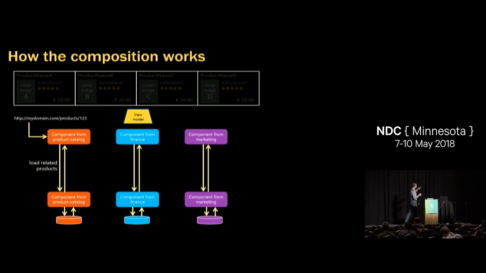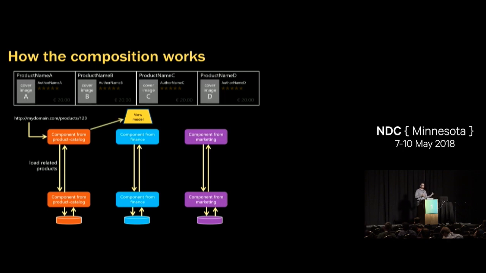Now that each one of those front-end microcontroller things has the data that it needs, they can start pushing that data into the view model. One of them is putting in the marketing information, the name of the product, the image of the product, etc. The other one is putting in the prices. The third one is putting in the ratings. Once the view model is full, we can render the screen, the view, and as far as the end user is concerned, it's going to look like just a regular list of stuff.